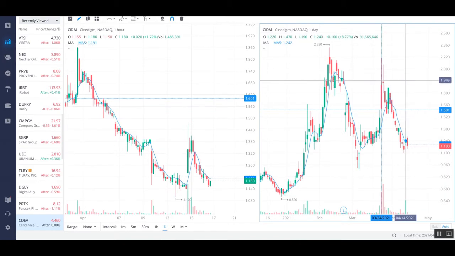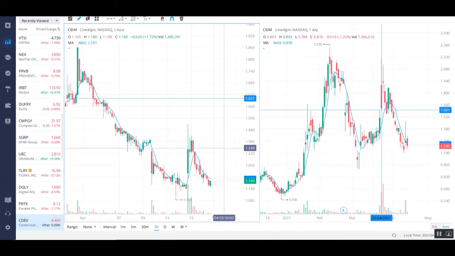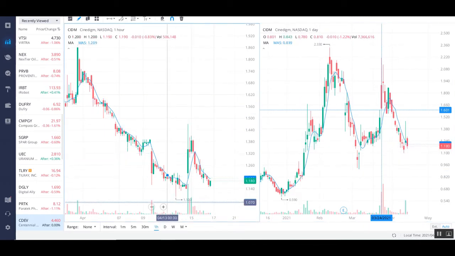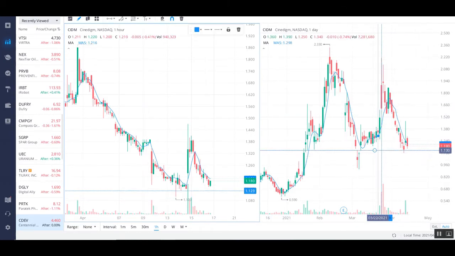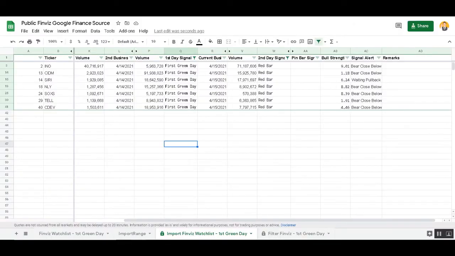Technically it isn't wrong, but this is clearly a down market. If you want to go long, you can go in at the last bear candle. Okay, let's find another one. Waiting for pullback, bear close below, NLY.